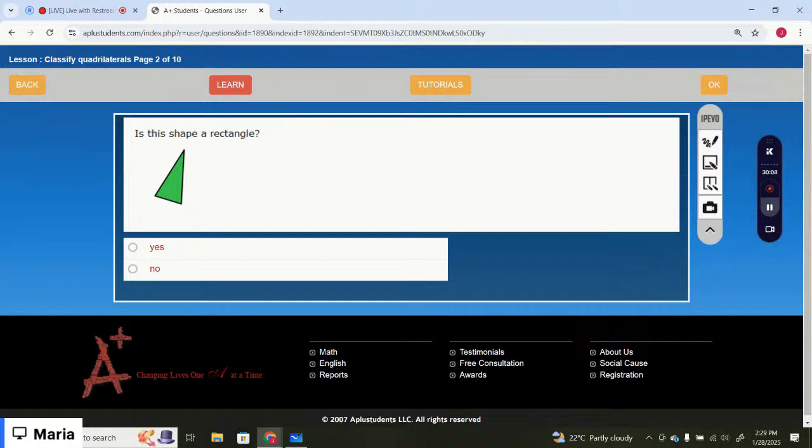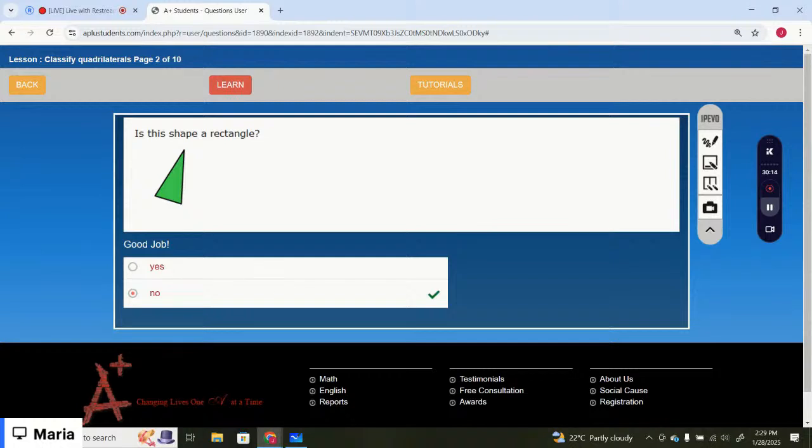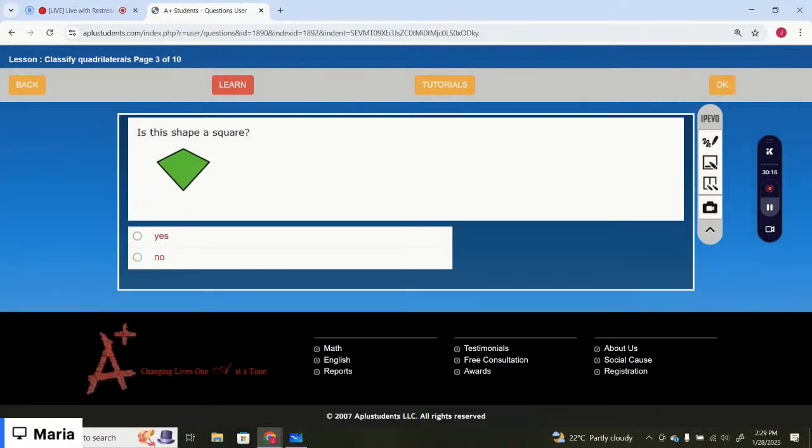Is this shape a rectangle? No, that is not. The correct option is no. Is this shape a square?